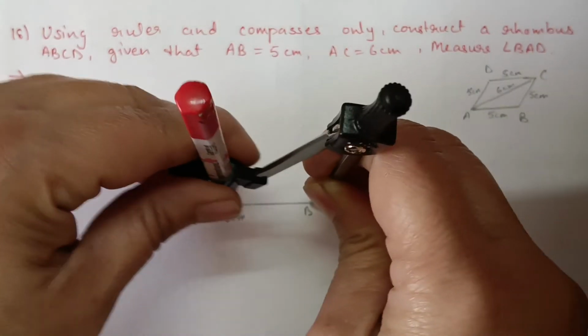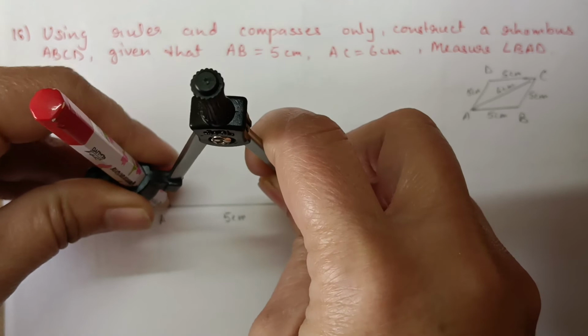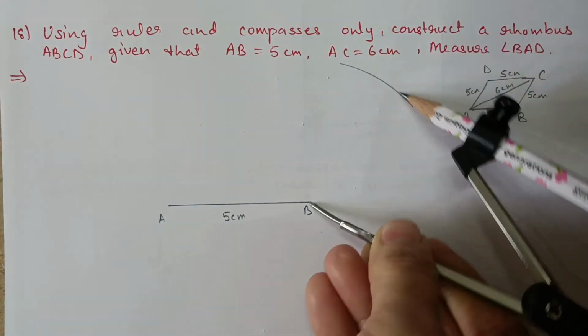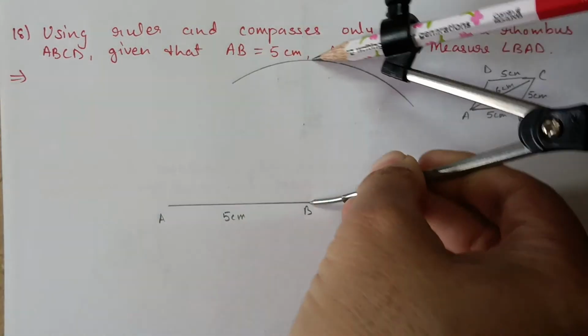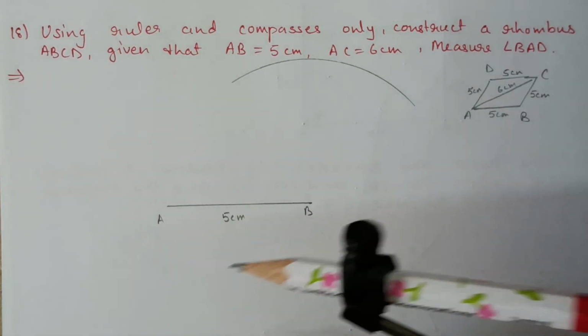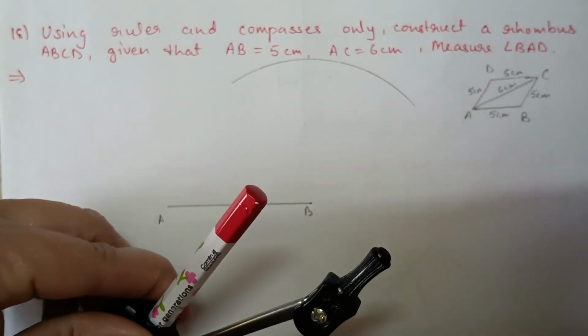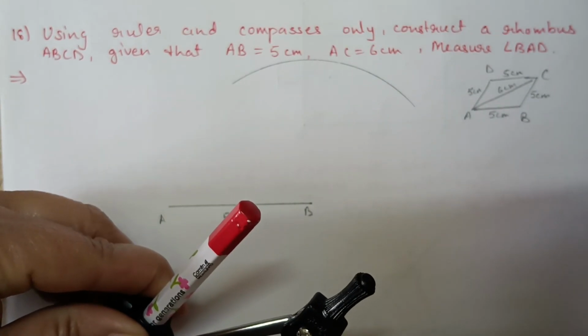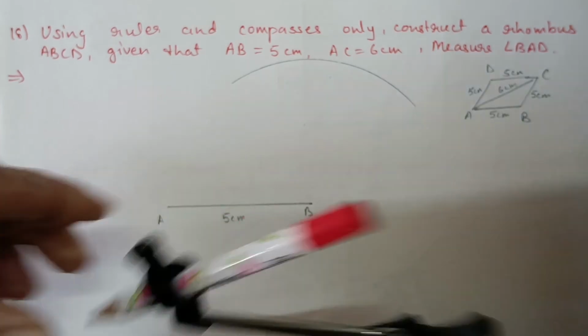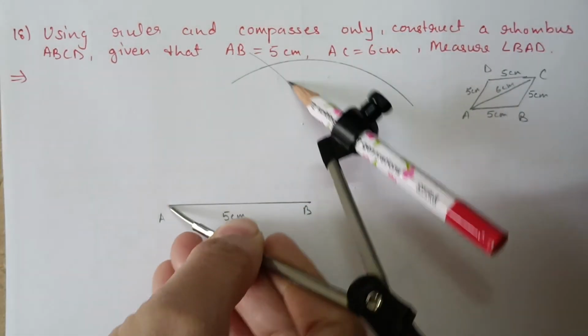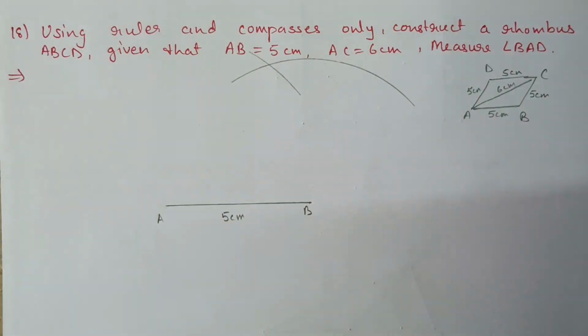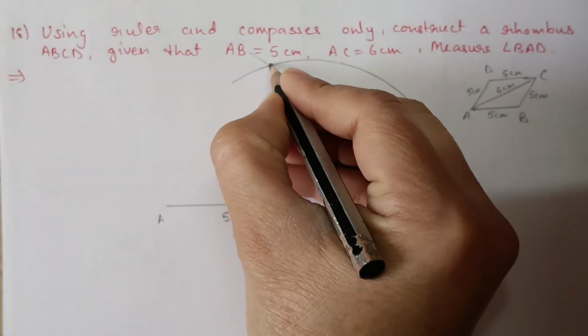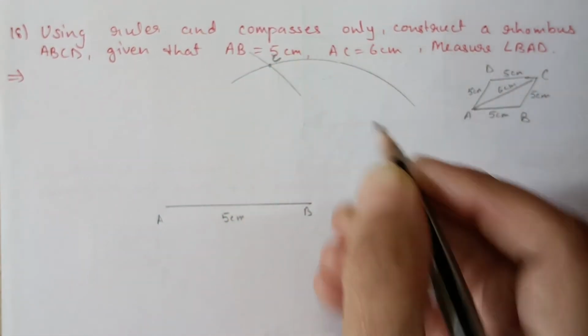So first we will take 5 centimeter distance in the compass and put one arc. Then for the other arc take 6 centimeter distance in the compass and put another arc. Wherever these two arcs cross, that is point C.